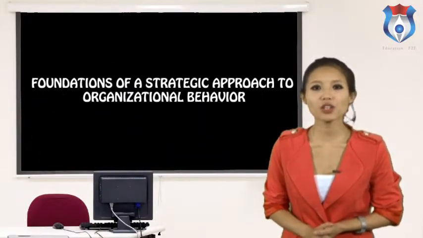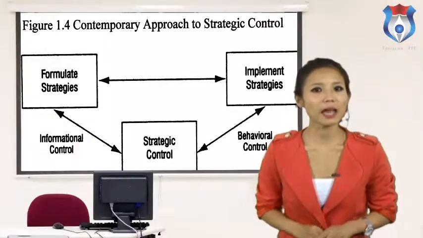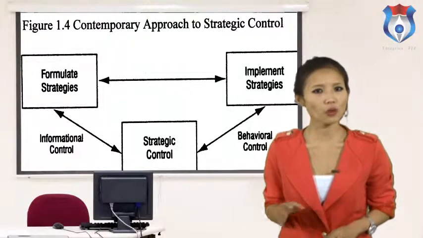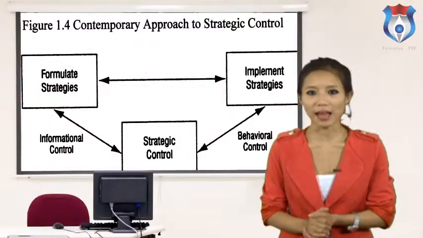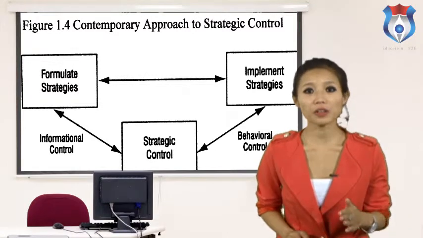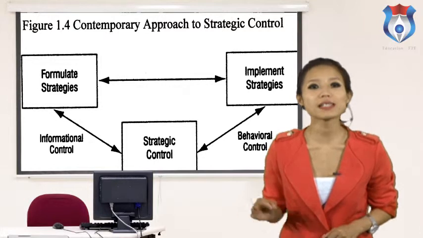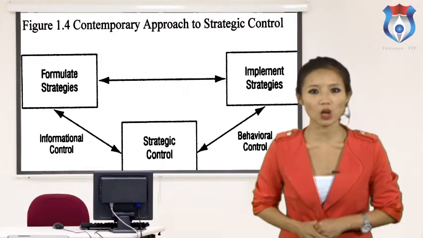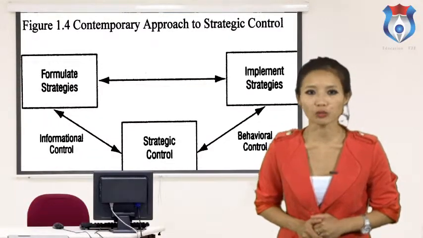Foundations of a strategic approach to organizational behavior. There are certain facts that can be tagged as the foundation or the real basics towards development of a strategic approach to organizational behavior. The field builds on behavioral science disciplines, including psychology, social psychology, sociology, economics and cultural anthropology.